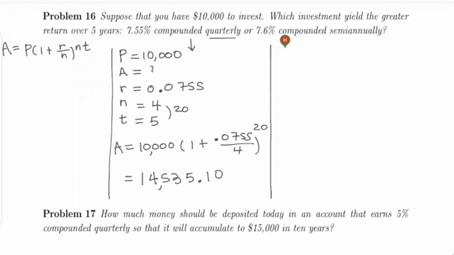Let's move to semi-annually. So we have P, A, R, N, T. I'm going to do the same thing. Dorothy, do you want to try? What numbers are assigned to the letters?